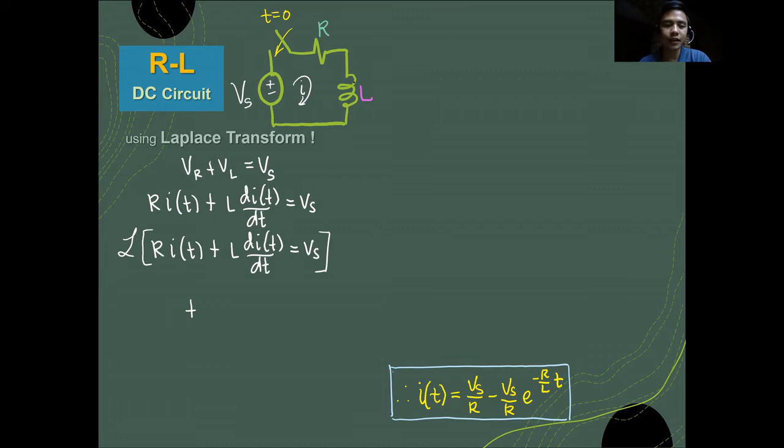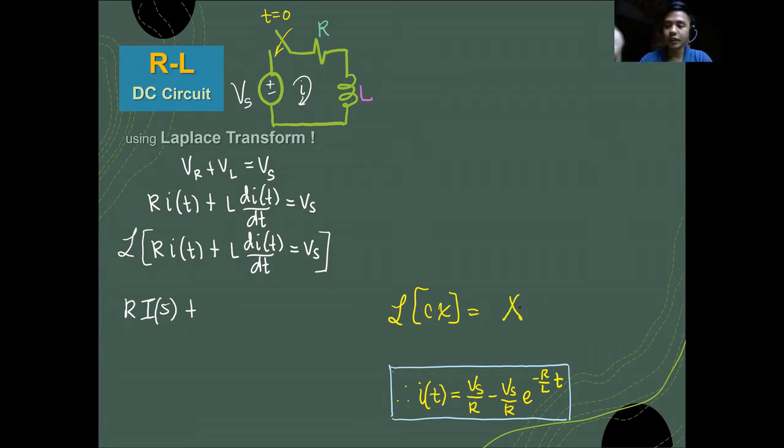Okay, go back to the table. Now imagine our i(t) is a variable, you can think of it as x. So Rx. Now in the Laplace transform, the Laplace of Cx, a coefficient and x, is equal to C times capital X(s).